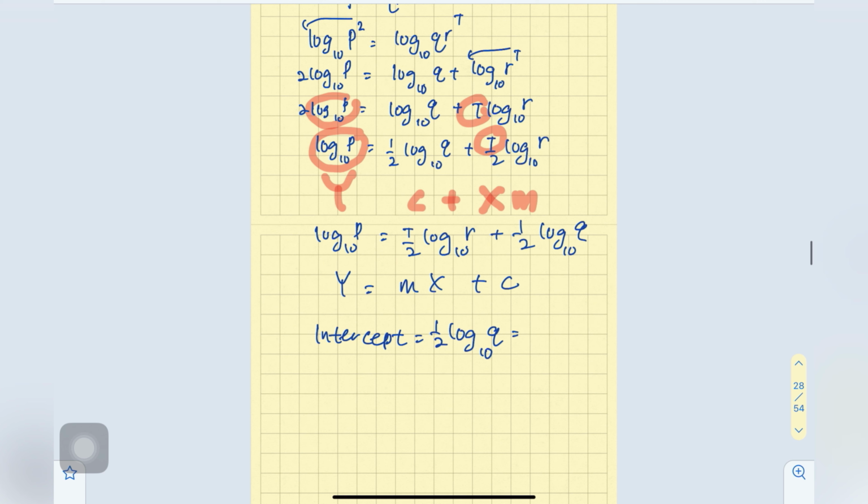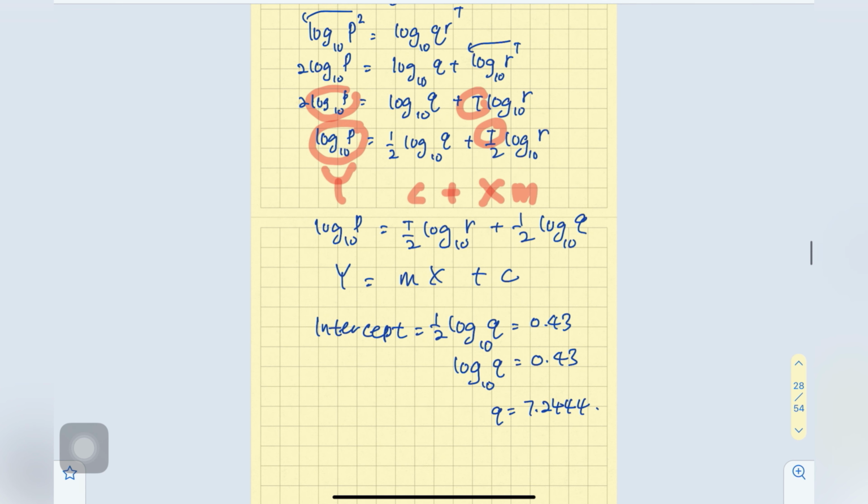So, equals to 0.43. Okay, so you all boleh cari je lah log Q base 10, kena darab 2 lah 0.43. Lepas tu inverse log, so Q equals to 7.2444. Okay, so done.